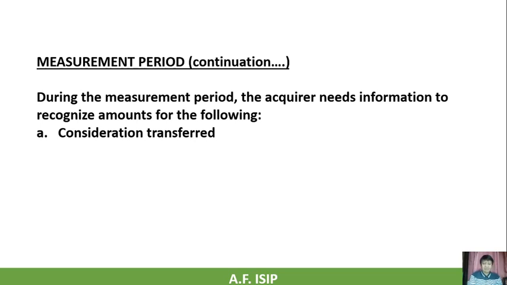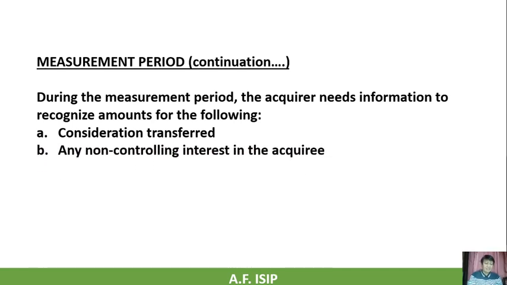There is no problem about this, because it is the acquirer and the acquiree who will determine the consideration transfer and any non-controlling interest in the acquiree. Also, this is very easy to obtain. The two parties involved in the business combination know how much is the non-controlling interest in the acquiree.